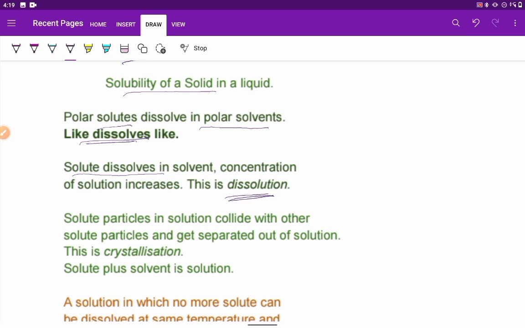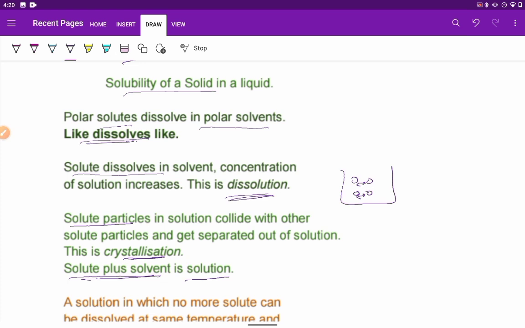But what happens in the solution? The solute particles also collide with each other. In the solution there are many solute particles. They will collide with each other. While doing so, they get separated out of the solution. This is the process of crystallization. Okay. So inside a solution there is solute plus solvent.